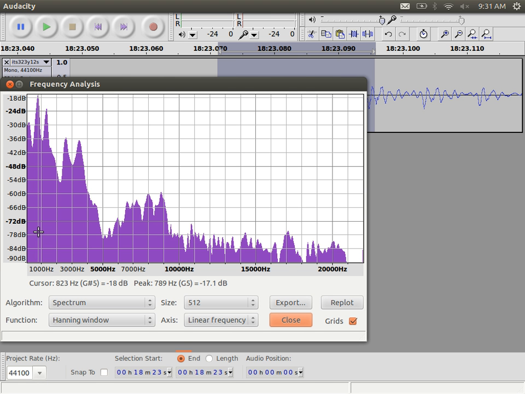So the strongest component in this case is at frequency, it tells me, of 789 hertz. Okay? Across that 1 hour of audio, this signal contains multiple frequency components. The strongest is at 789 hertz.